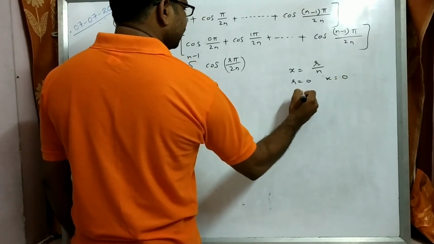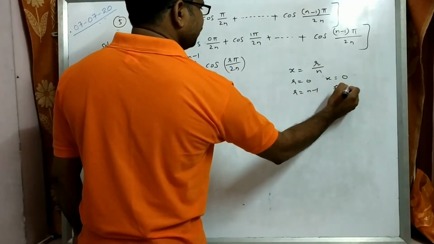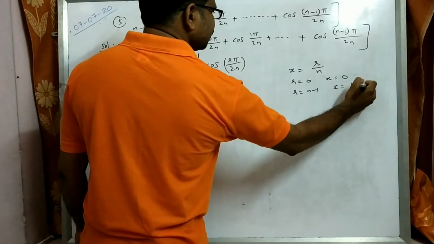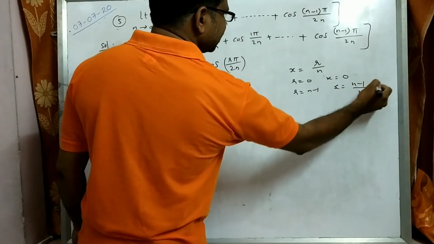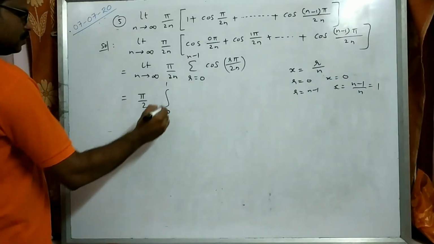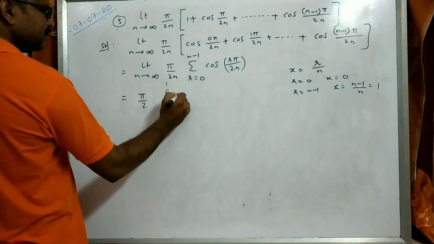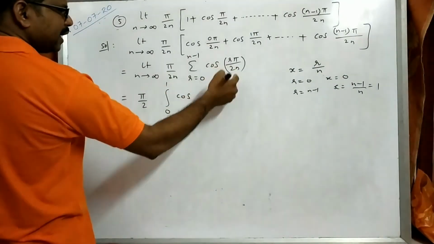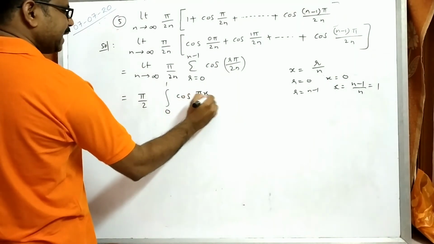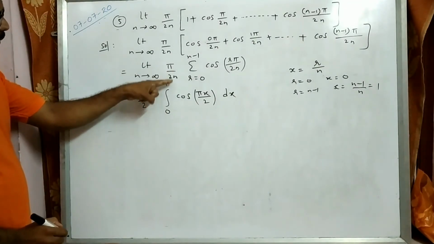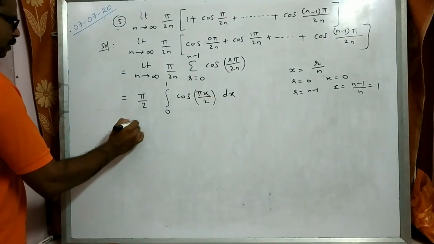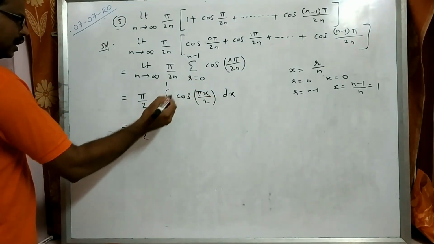If r equal to n minus 1, x will be n minus 1 by n, so 1 minus 0, so 1. So 0 to 1 limits, cos, instead of r by n I will write x, pi x by 2. 1 by n is here, see, 1 by n dx. Pi by 2, cos pi x by 2.